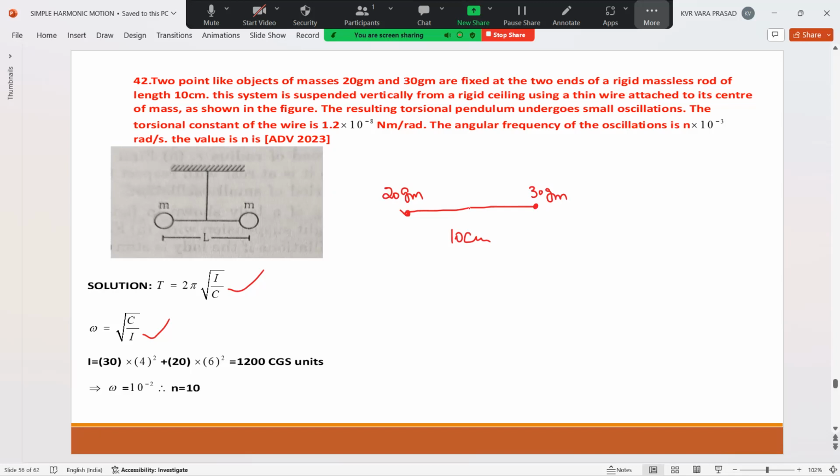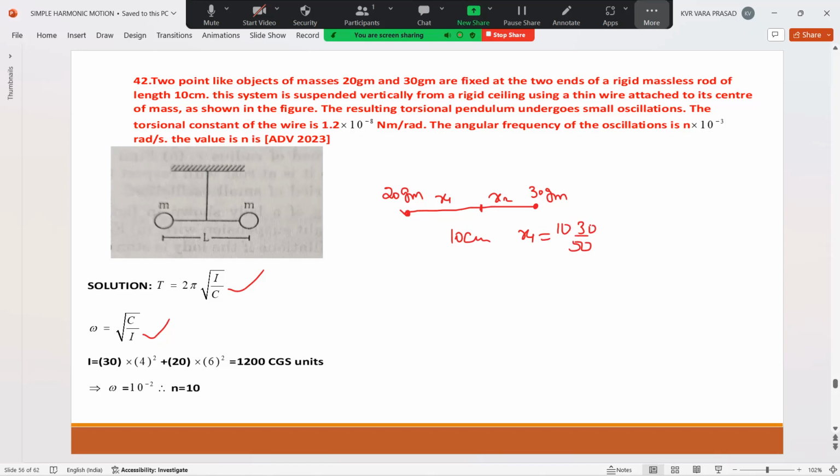So first we have to focus on the center of mass location. Suppose one is x1, this is x2. Then I can write x1 means distance of center of mass from 20 gram. See how much it is. x1 equal to 10 into 30 by 50, meaning m2 r by m1 plus m2.